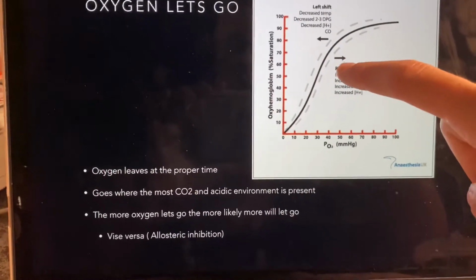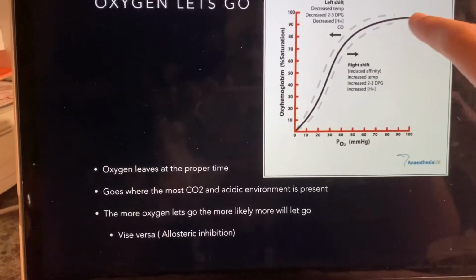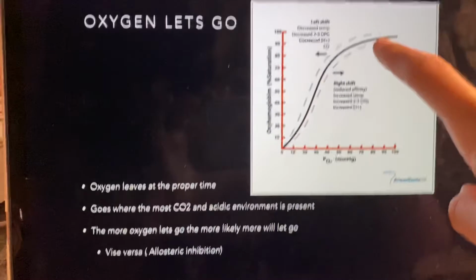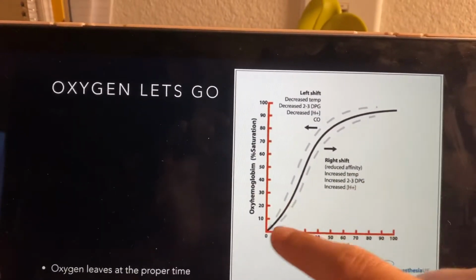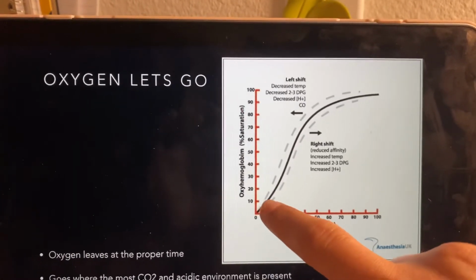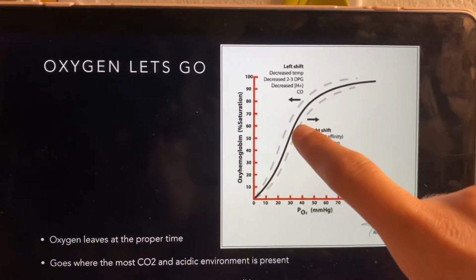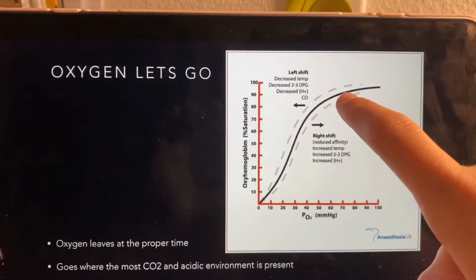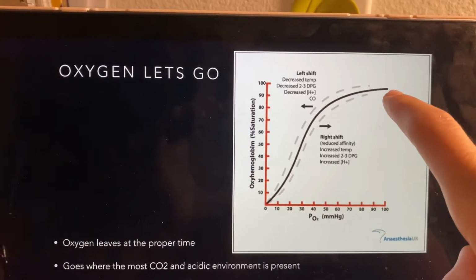It creates a snowball effect, but then it tops out near the top. The initial allowance of the oxygen into the hemoglobin creates a super fast binding reaction, but then it slows because there's a maximum that it hits.